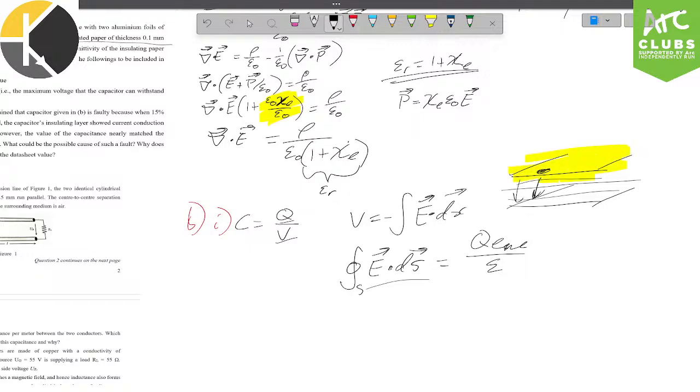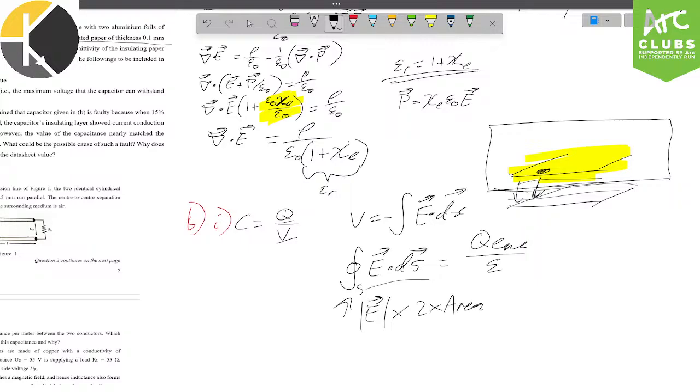If I consider the surface given by a large rectangle surrounding it, and I assume it's a Gaussian surface, sufficiently wide compared to its depth, I can determine that the integral is equivalent to the magnitude of my electrical field strength, and then the surface integral is going to be equal to 2 times the area.